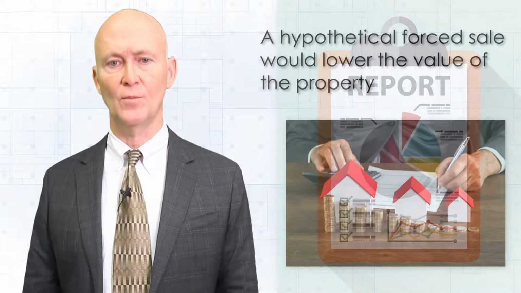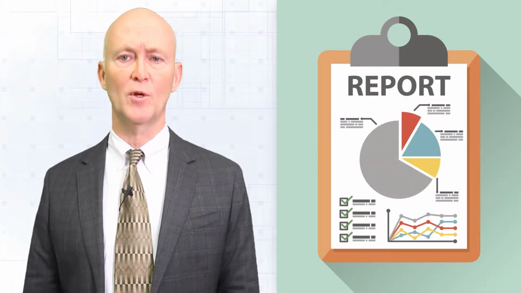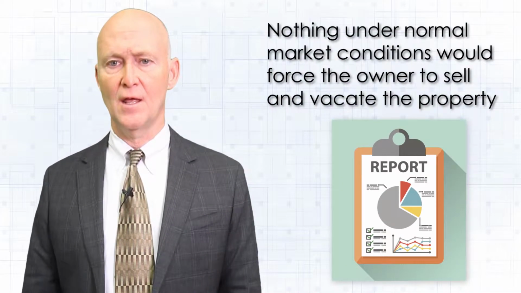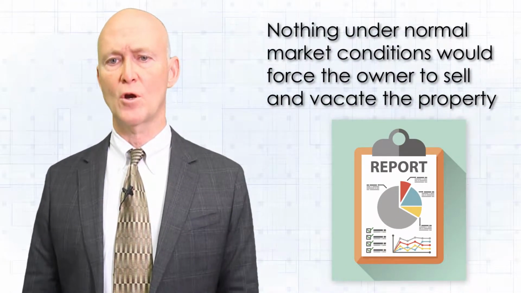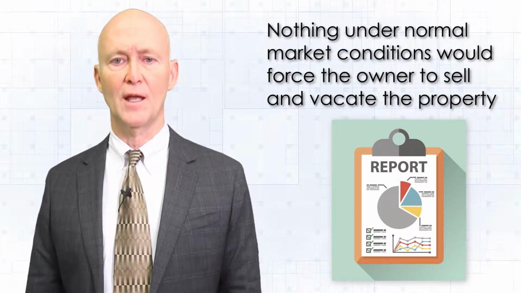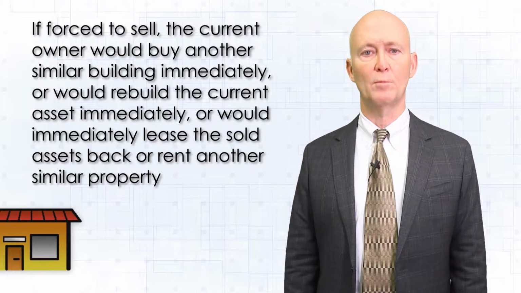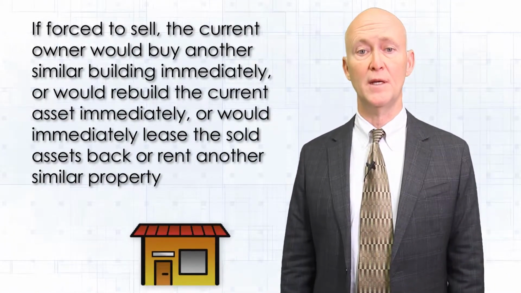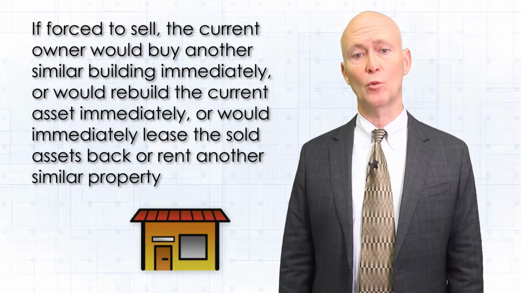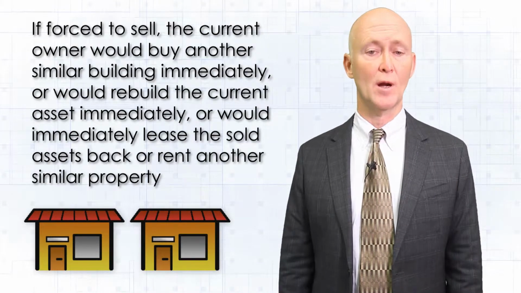If the current owner or occupant finds that assets are performing well as intended and they are expected to do so indefinitely, there is nothing under normal market conditions that would force the owner to sell and vacate the property and therefore lose that value. If forced to sell, the current owner would buy another similar building immediately, or would rebuild the current asset immediately, or would immediately lease the sold assets back or rent another similar property.